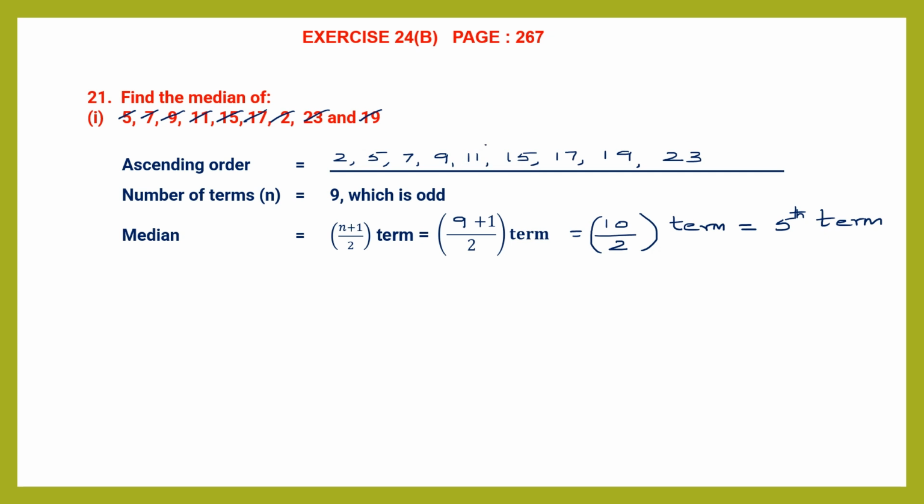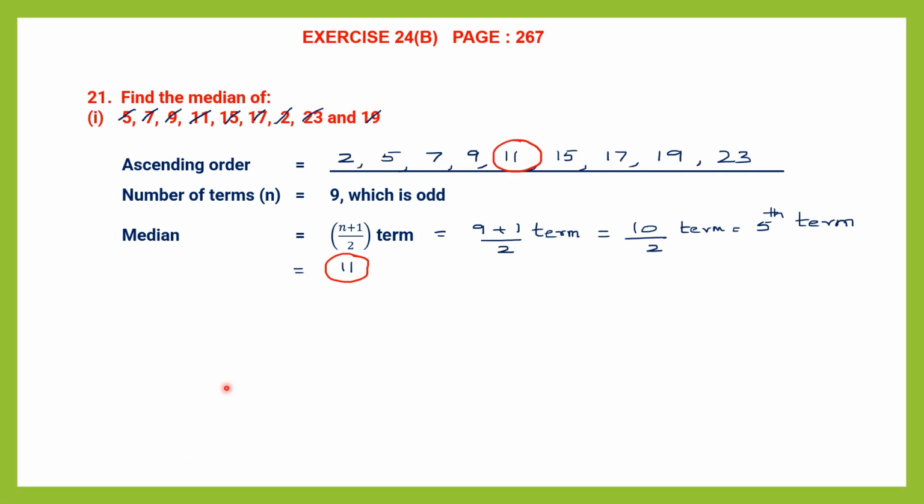So this will be, let's count 1, 2, 3, 4 and 5. So the fifth term is 11. So we'll circle that. This is the fifth term. So that is our median. So we have found our median. Our median is 11.